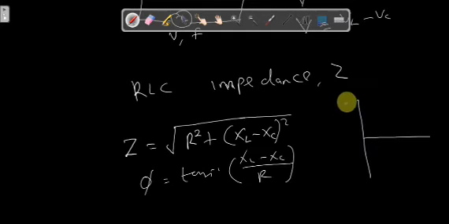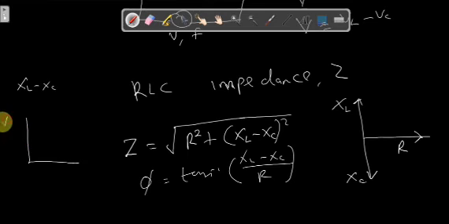So this is going to be XL, the inductive reactance, and this will be the capacitive reactance, and this will be the what? The resistance. So you see that this is also on a straight line. So you're going to have XL minus XC.